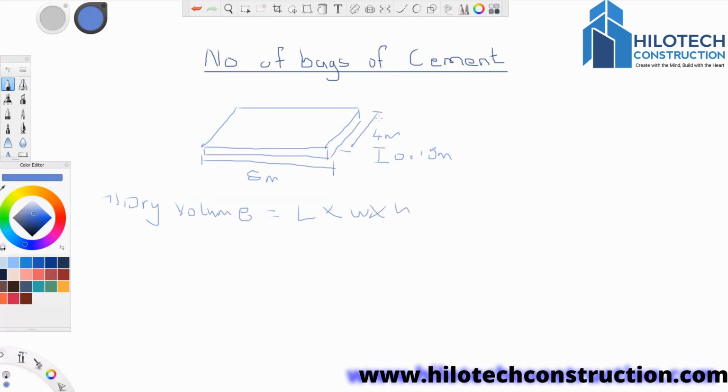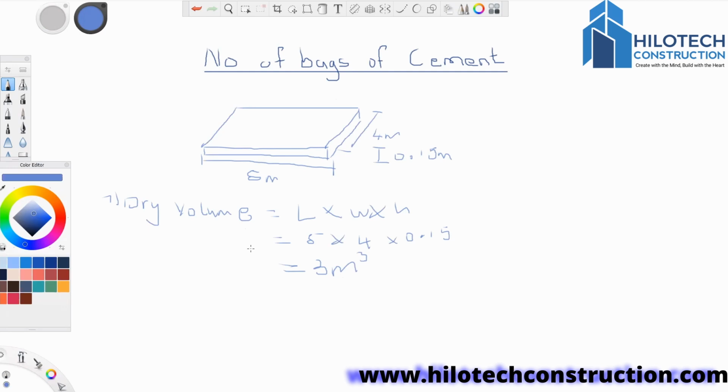The length is 5 meters, the width is 4 meters, and the thickness is 0.15 meters. So that is 5 multiplied by 4 by 0.15, and that gives us 3 meters cubed. This is the first way that we'll look at it.